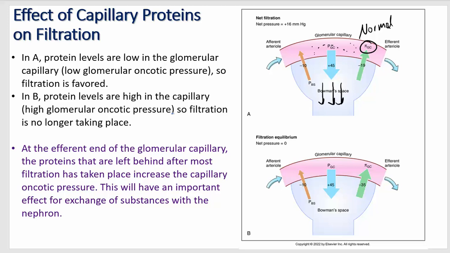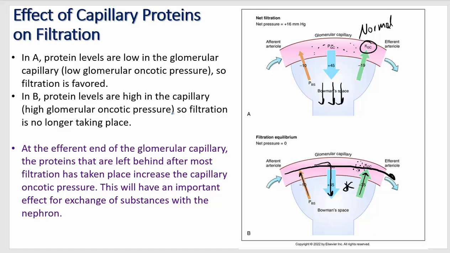However, here we can see that our hydrostatic pressure pushing in is 45, and now we have more proteins. So our oncotic pressure, or the colloidal pressure in the capillary, pulling back is 35, and then we have that back pressure that's always there of 10, and so we have no filtration. Okay, so that's not happening.